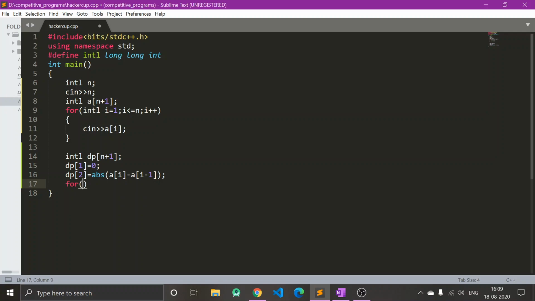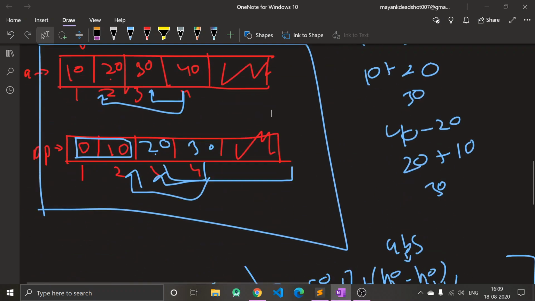Now we can iterate over our dp array for i equal to 2, i less than or equal to n, i plus plus. Now we just have to implement our recurrence relation.